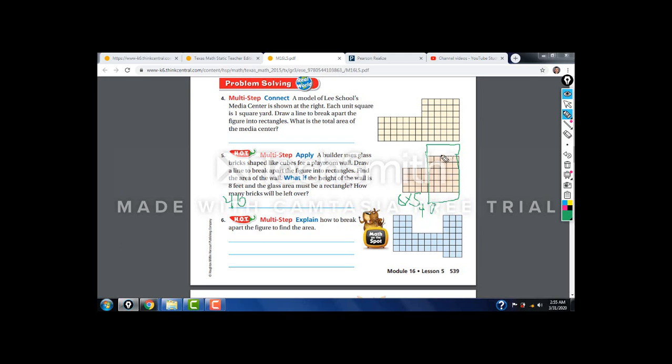For the wall that we got the 46 for, I'm using 46. So how many are going to be left over when I build this wall with a height of 8? It's going to have the width of 5. Well, I subtract 46 minus 40 equals 6. You'll have 6 bricks left over.